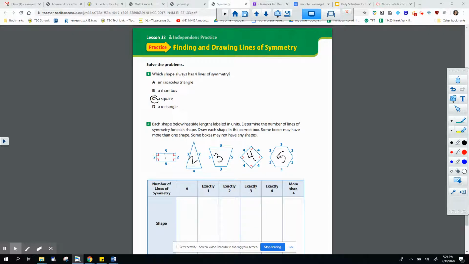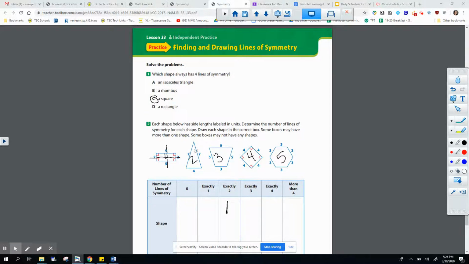So we can just write the numbers in the boxes below. I'm going to start with the rectangle right here. I know that a rectangle has a vertical line of symmetry and a horizontal line of symmetry, but not diagonal, remember, because it doesn't have those equal sides. So a rectangle has exactly 2 lines of symmetry. So I'm going to put a number 1 in the box.